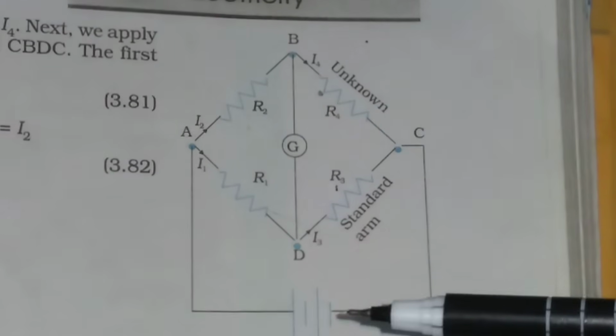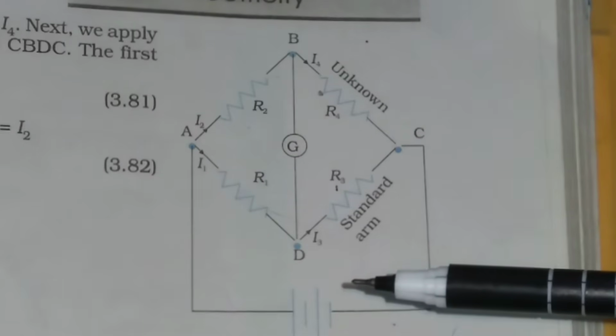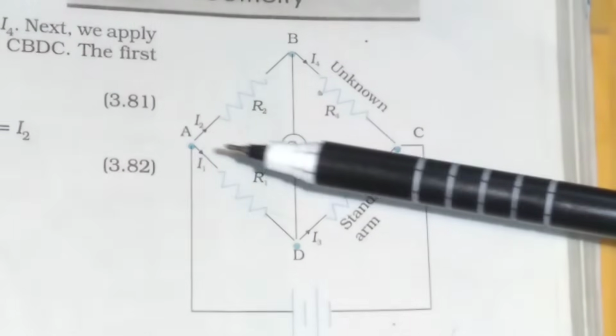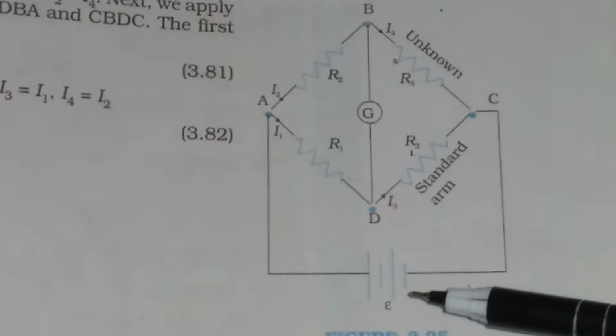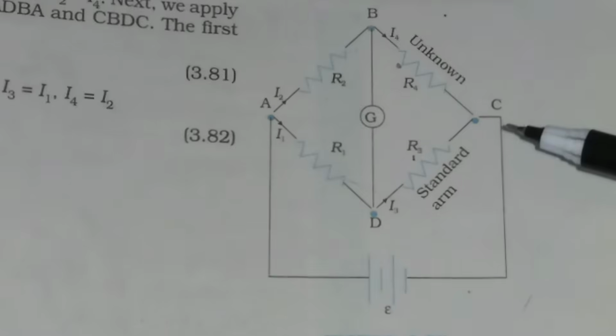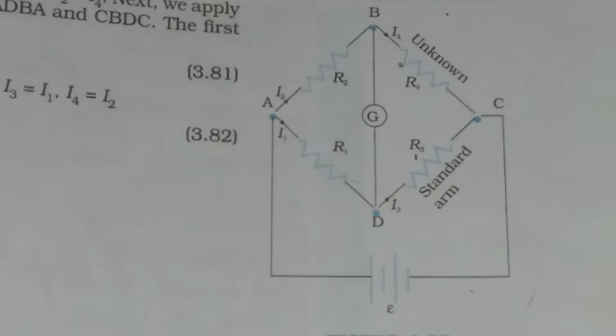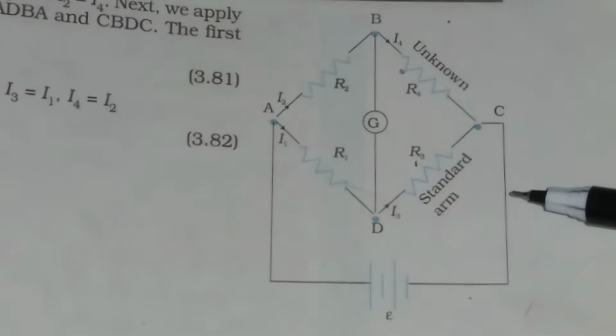A source epsilon is connected across diagonally opposite points A and C. Here AC is called the battery arm.